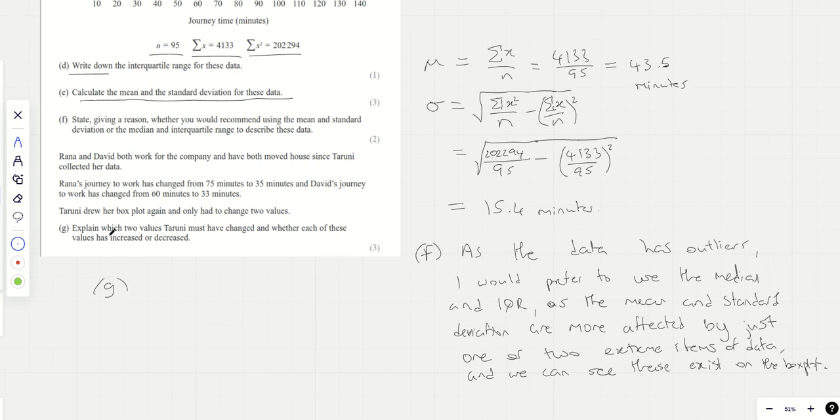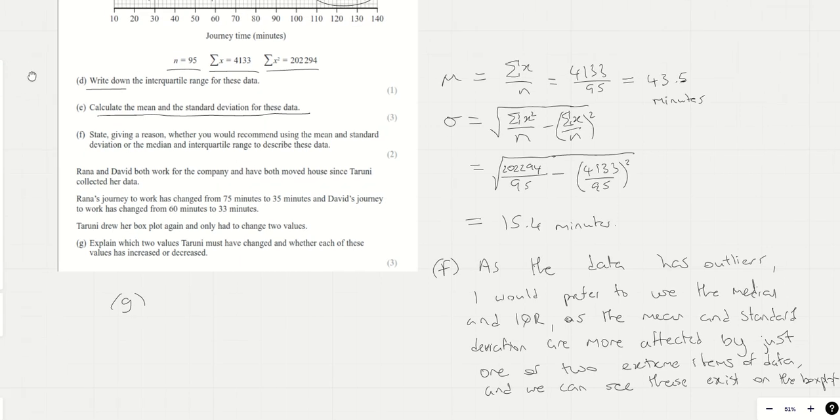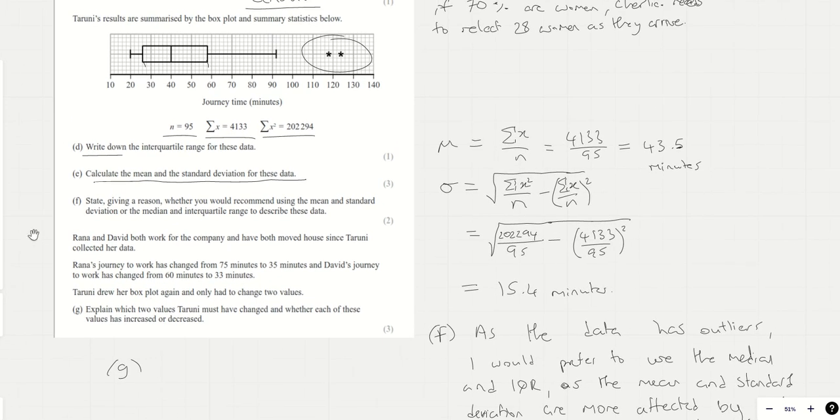Okay, right, very last question now. Rana and David both work for a company and have moved house since Taruni collected her data. Rana's journey to work has changed from 75 to 35, so that's gone down by 40. And Dave's journey has changed from 60 to 33, so that's gone down by 27. Now, she drew a box plot again, and she only had to change 2 values.